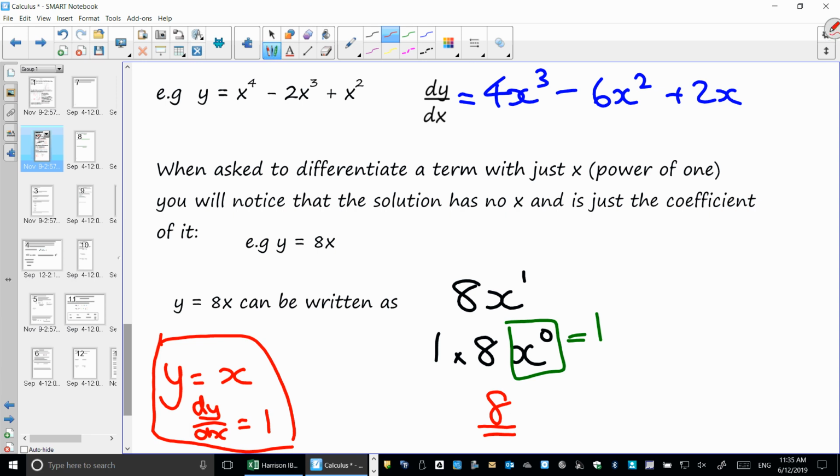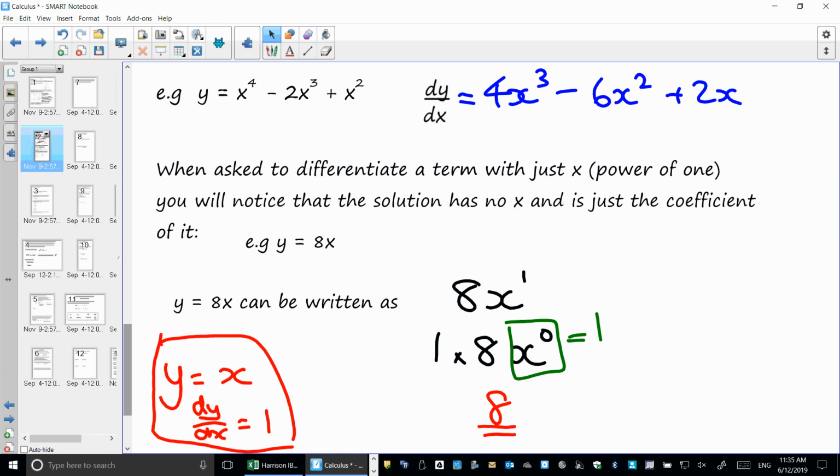If we can do this, why do we do that long method? Sometimes you have to learn. Sometimes they ask you to specifically show the differentiation from first principles.